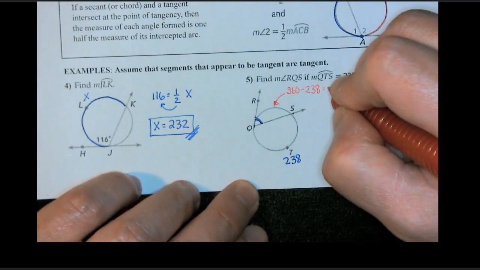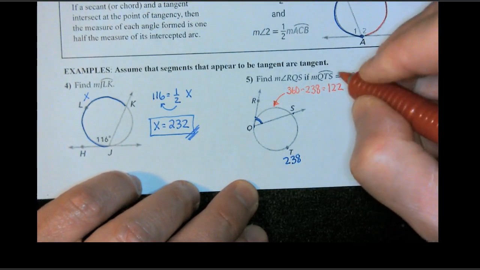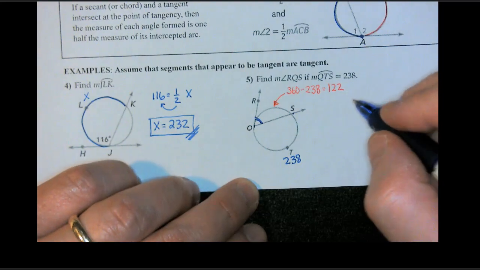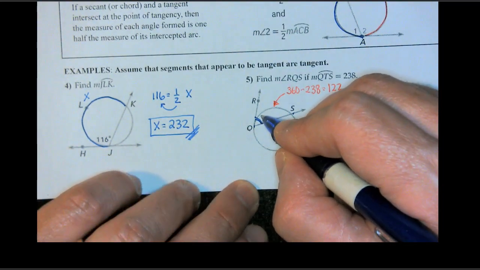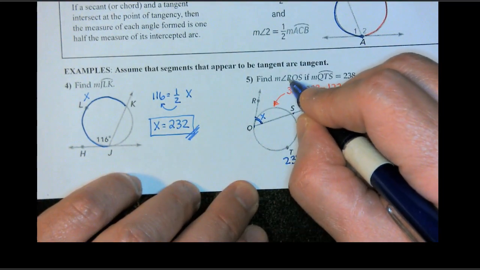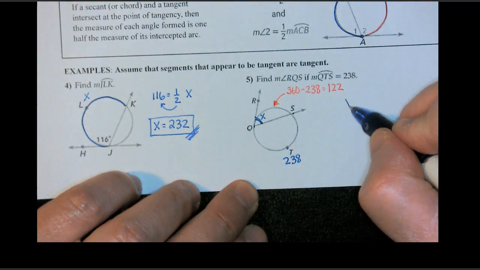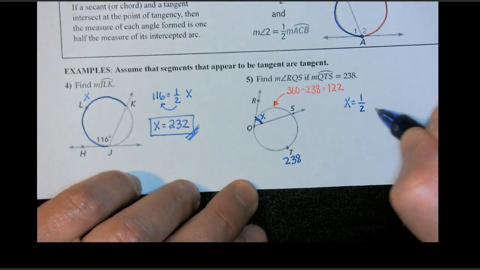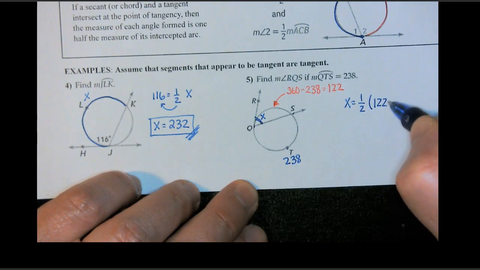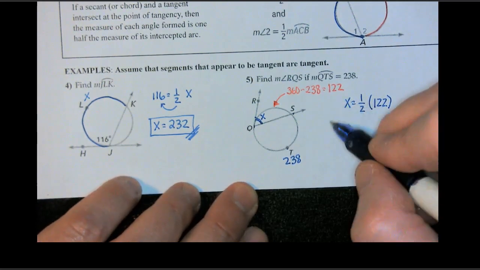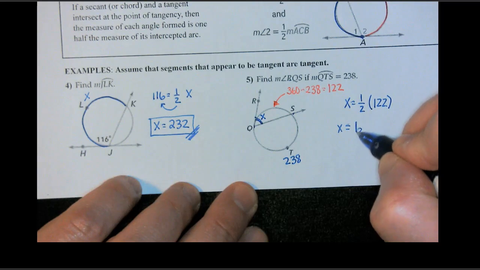We put that in the calculator, we get a measure of 122. Now that we have that, let's call this angle X, the angle that we're looking for. So X equals 1/2 times 122 that we found, and X equals 61.